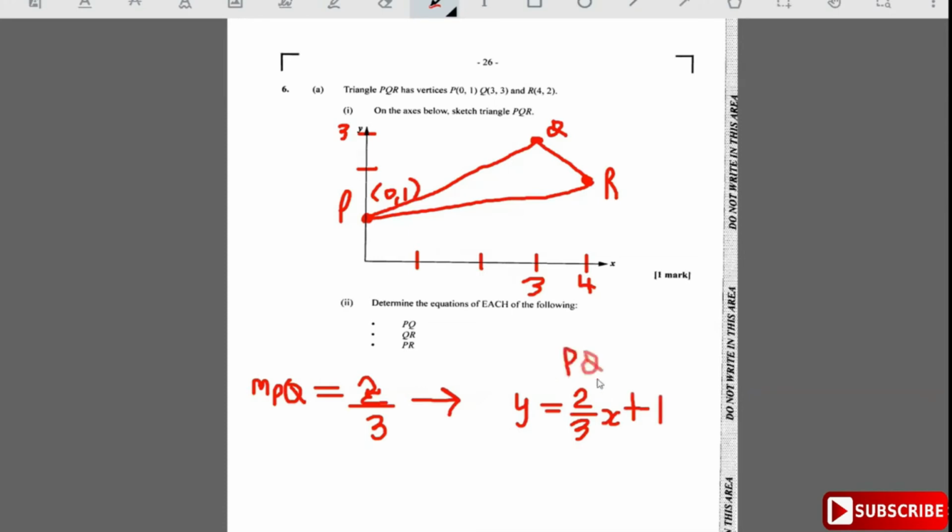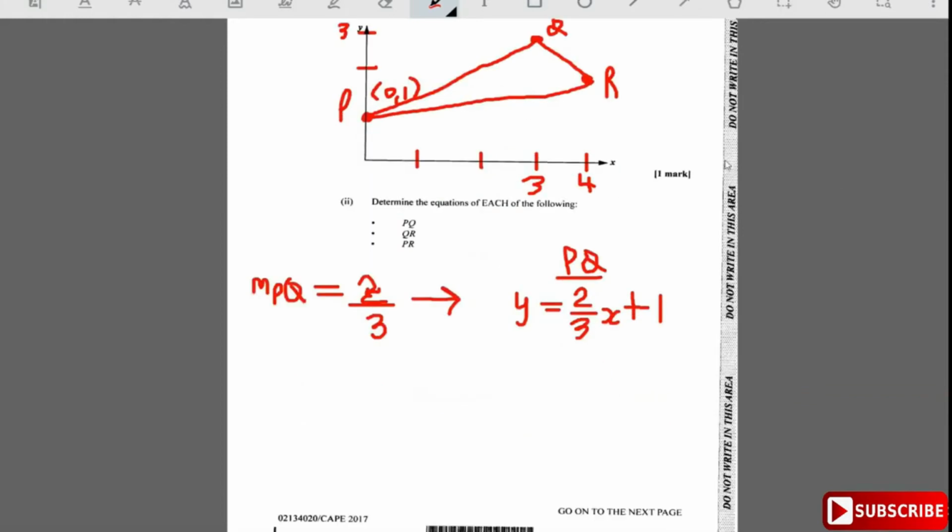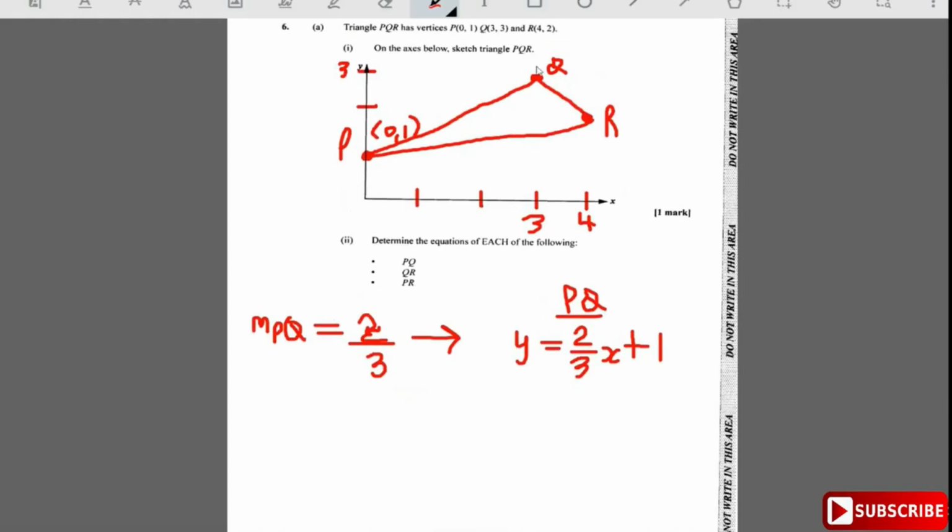All right, now let's look at QR. We need the gradient of QR.